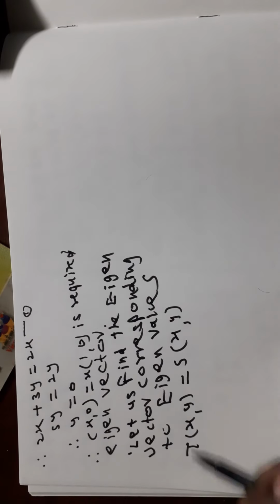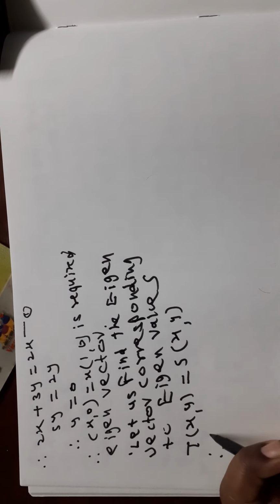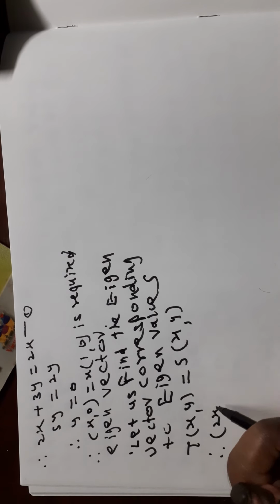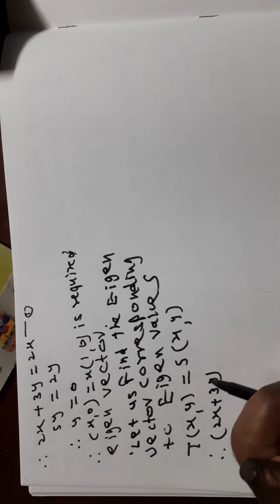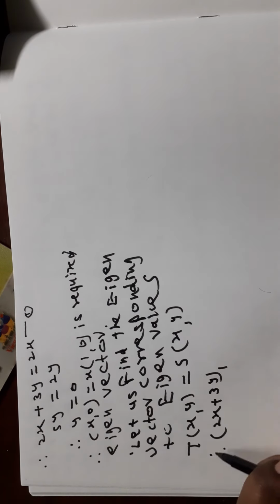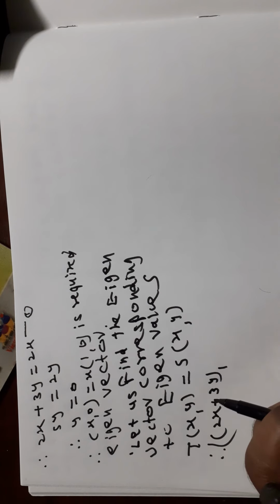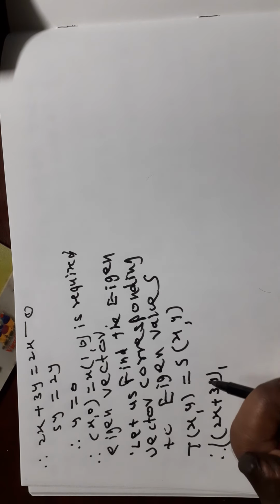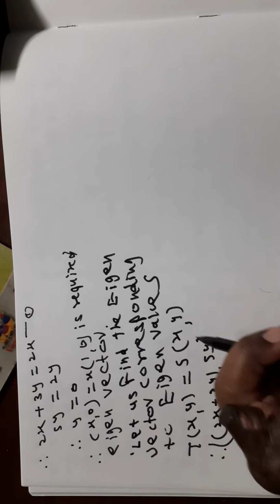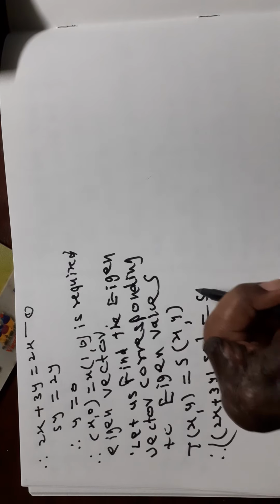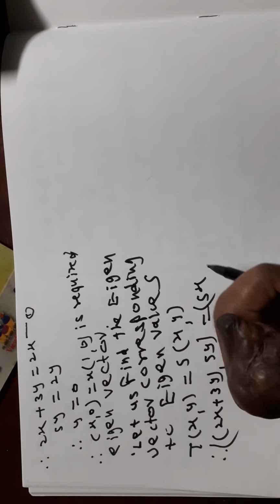Therefore T(x, y) is (2x + 3y, 5y), which is equal to (5x, 5y).